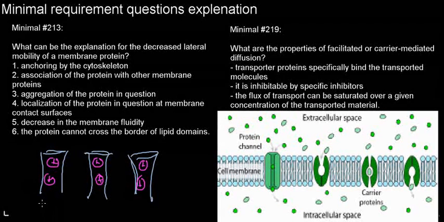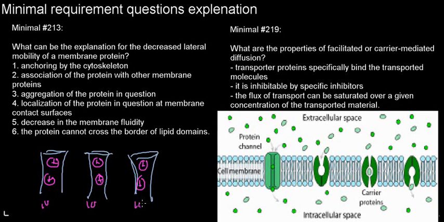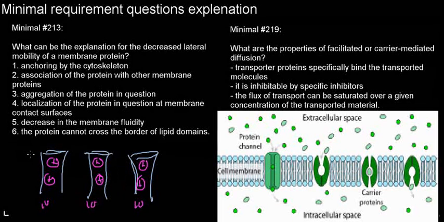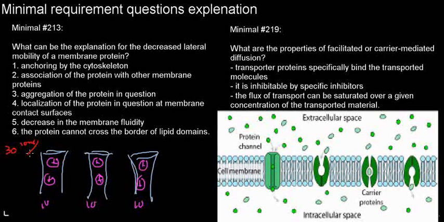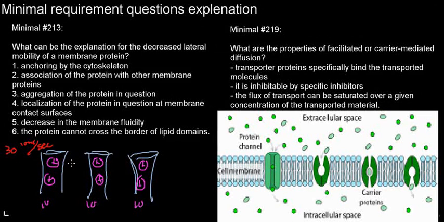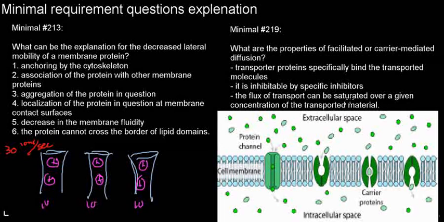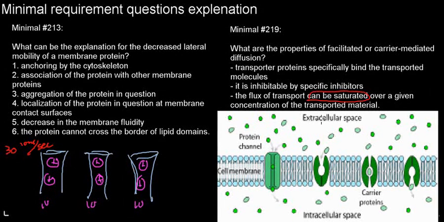Let's say that there's this crazy thing going on and I need all these channels open and working. I am not going to be able to get more than 30 ions per second. And this is what we mean by it's saturated. It cannot undertake more ions. It's at the limit. That's what we mean by can be saturated.